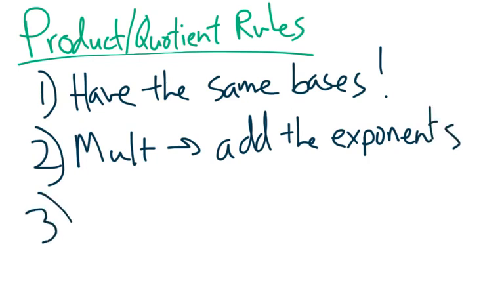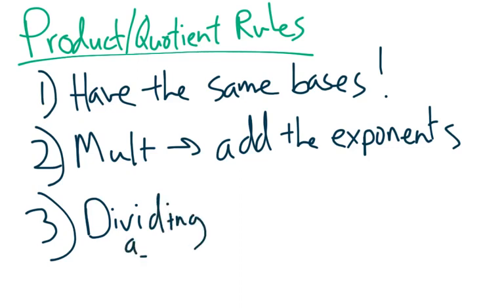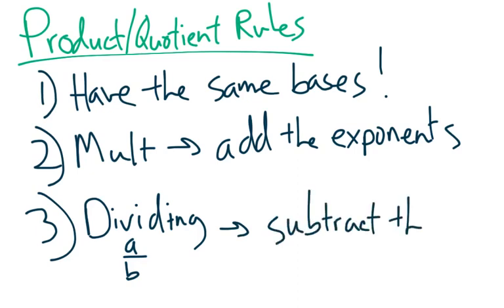If you are dividing, which will most likely appear as a fraction, so a over b, you subtract the exponents. And that's how you apply the product and quotient rules.